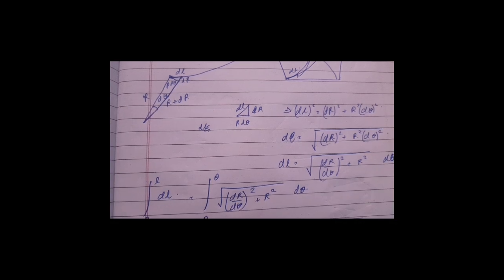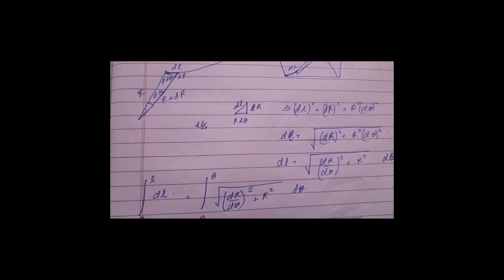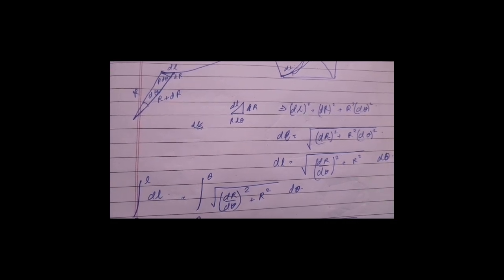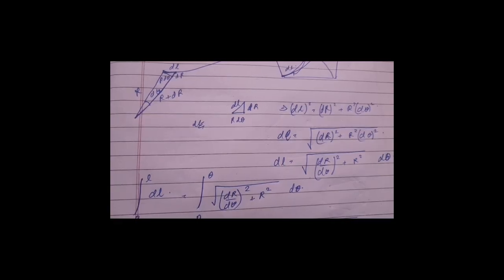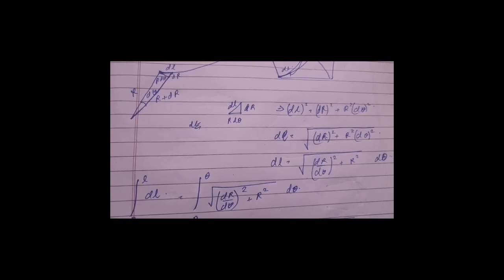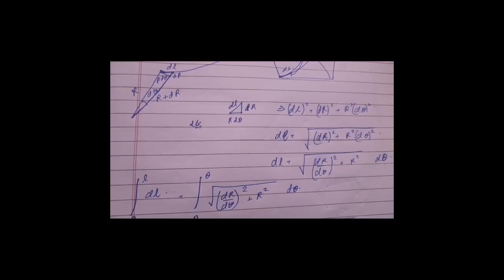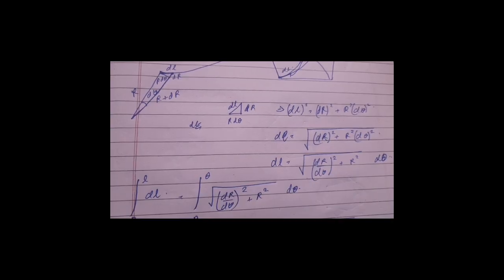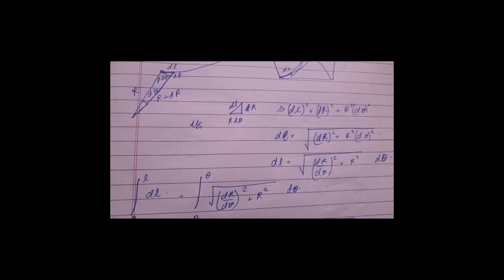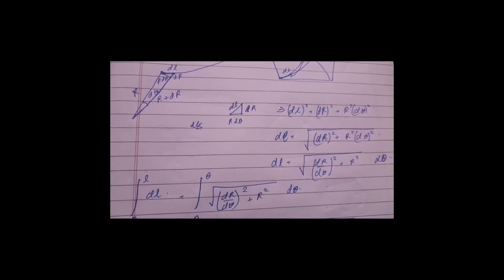In order to integrate on both sides, we need to integrate with respect to something. As r is a function of theta, we are differentiating it with respect to d theta. After dividing and multiplying, we get dl is equal to the square root of (dr by d theta) whole squared, which is nothing but the derivative of r, plus r squared d theta.